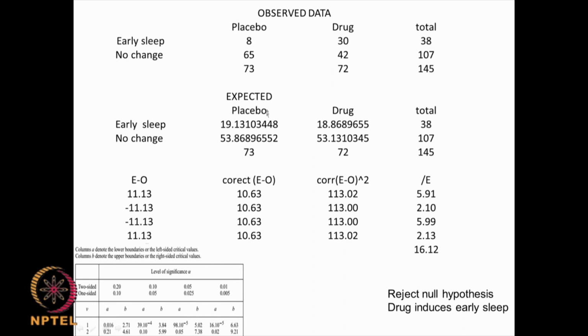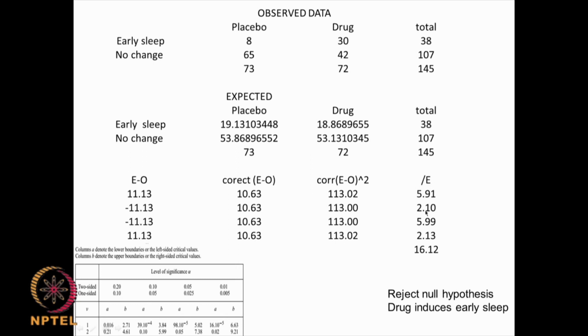Now we need to do a correction. So I take the absolute value and subtract 0.5, then I square it up, that comes to 113, then divide by expected.